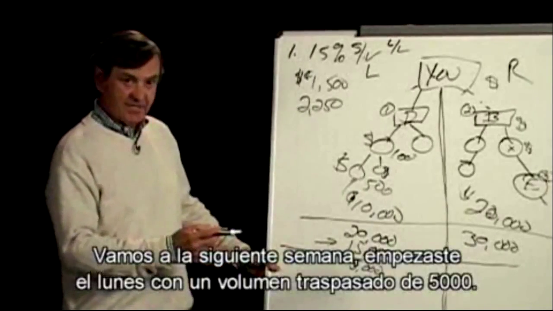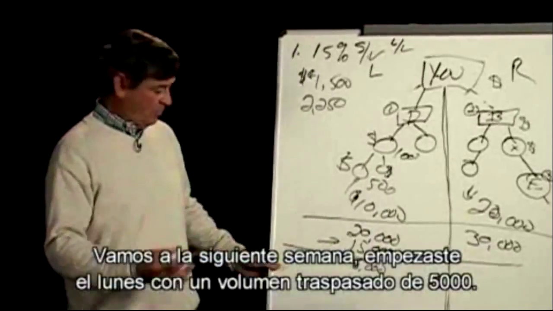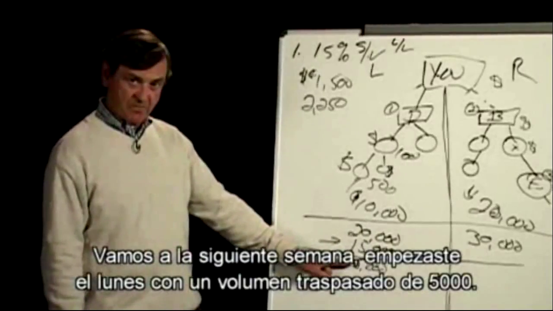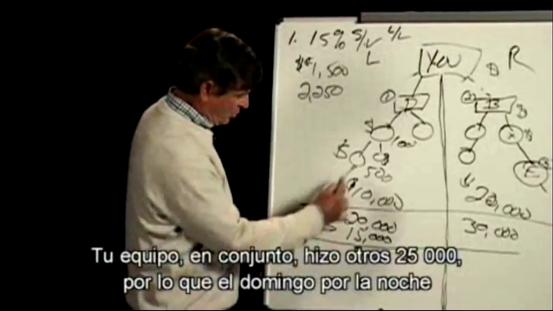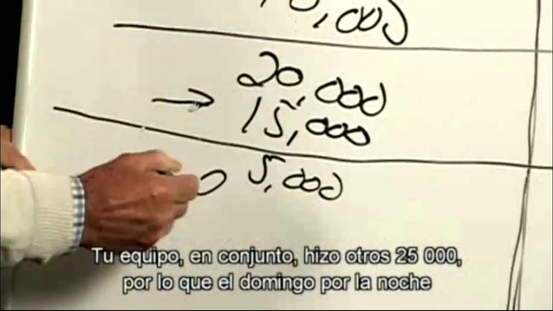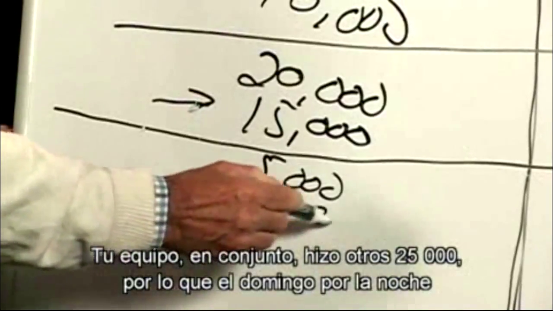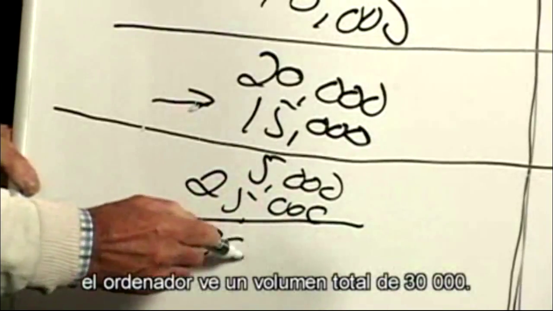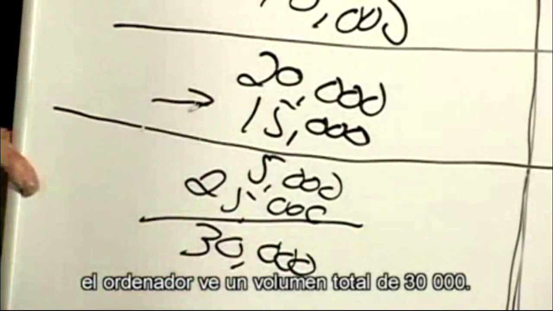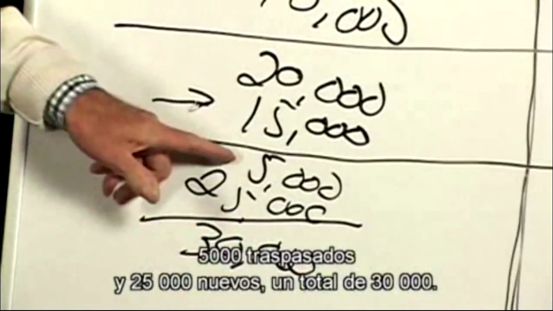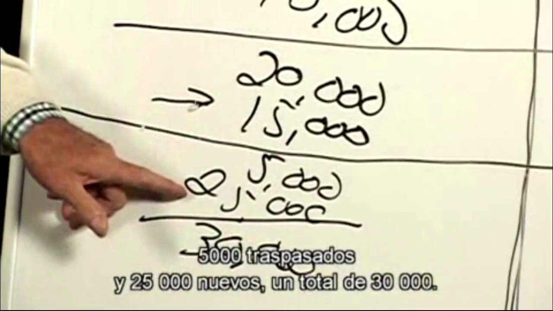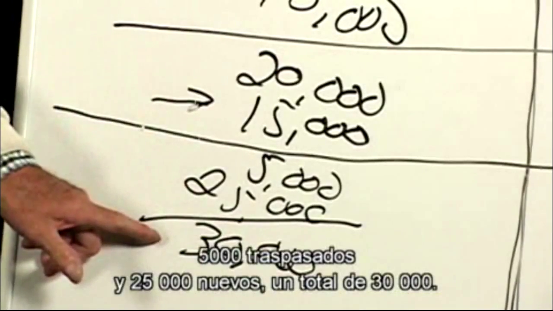Let's say that going into this next week where you started Monday morning with this carryover volume of 5,000, your team collectively did another 25. So Sunday night, the computer sees 30,000 in total volume, right? 5,000 carryover, 25,000 new for a total of 30,000.